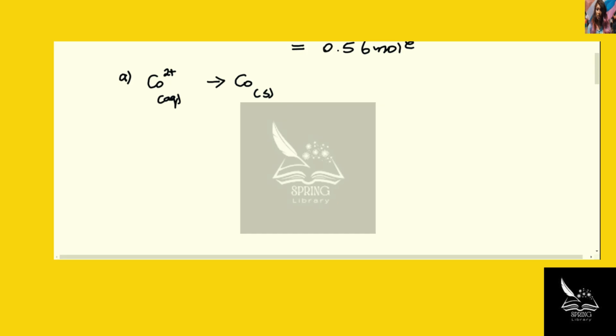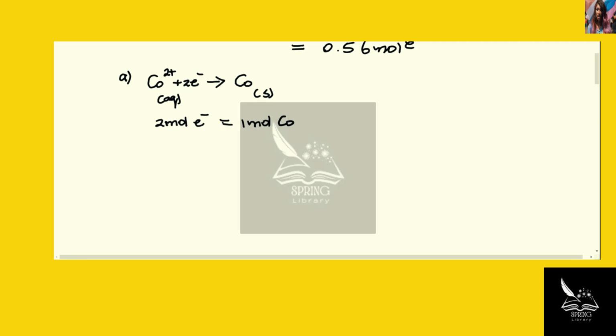To balance this equation, the cobalt 2+ cation needs to gain 2 electrons. So each cobalt cation requires 2 electrons to become a cobalt atom. So 2 moles of electrons produces 1 mole of cobalt.